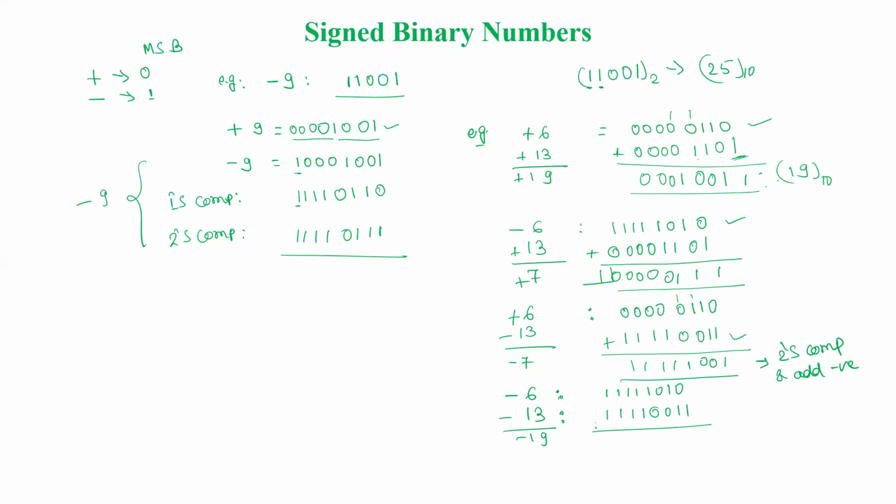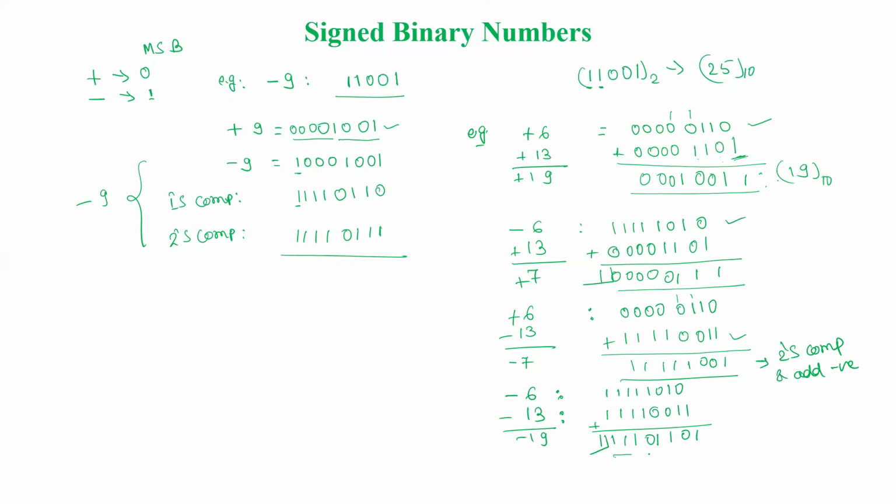Now we have to perform the addition. After performing the addition, 1 plus 1, sum is 0, carry 1. Again you will have 1 here, again 1, again 0, and the remaining is again 1, 1, and here a 1 carry we are going to obtain.